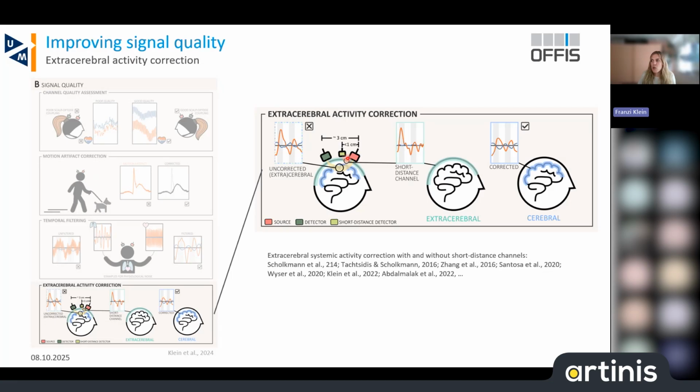And what we are then measuring is, in the best case, only the extracerebral activity. And then we can use the signal to correct our mixture of brain and extracerebral signal. And then at the end, we can use hopefully only brain-related information for our real-time experiment.